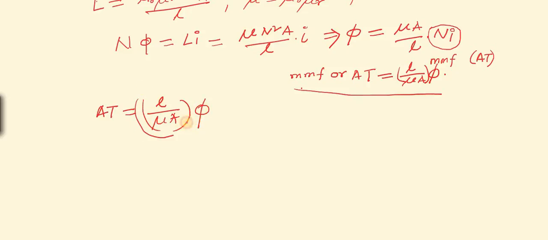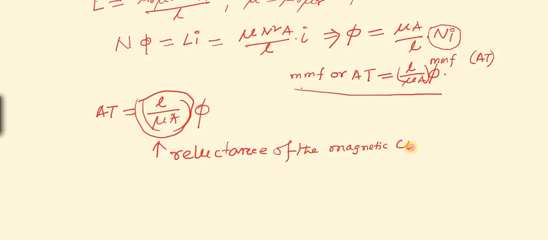This part, especially this L by μA, is called the reluctance of the magnetic circuit, which is similar to the resistance of any electric circuit.